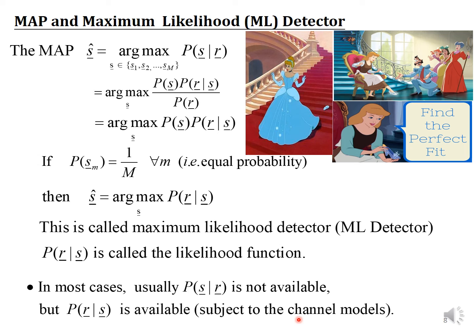It will become clear. We will show you how to find this probability in the next lecture, given the example of the modulations and the channel model. Then we'll show you how to find this likelihood function.